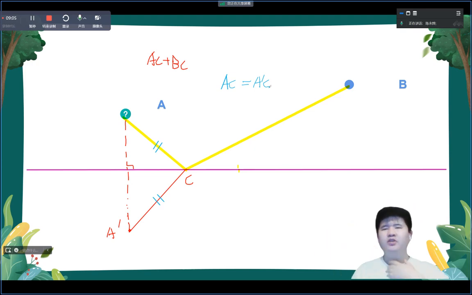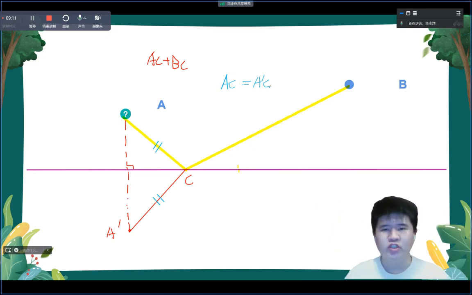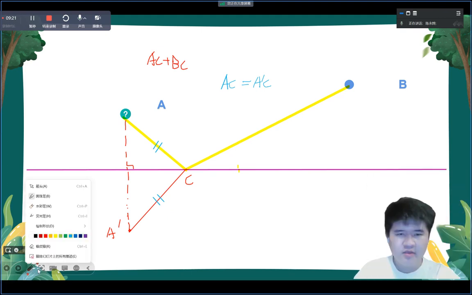And then this question just becomes A prime C and BC. What is the shortest path between A prime and the point B? The path just looks like this part.